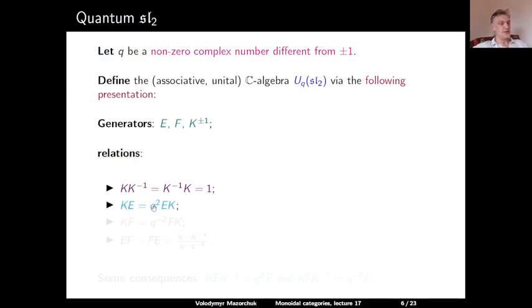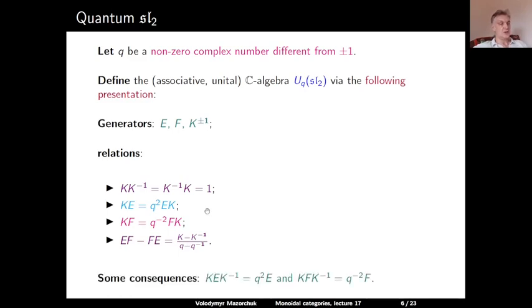KE is equal to q squared EK. KF is equal to q to the power minus 2 FK. And the commutator of E and F, so EF minus FE, is equal to K minus K inverse divided by q minus q inverse.